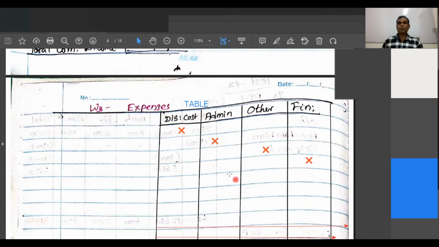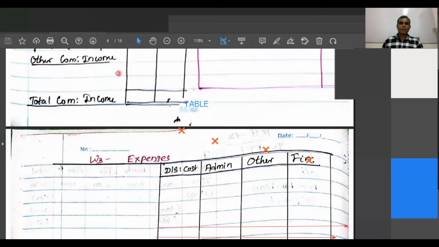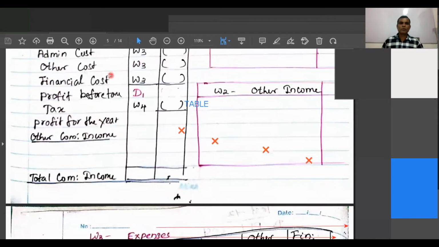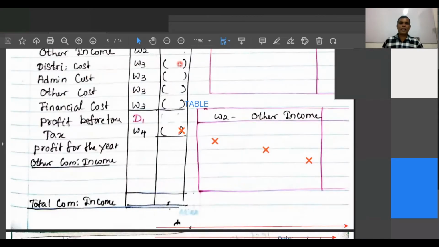All these expenses should be taken to the income statement separately. Total of these values should be taken here as distribution expense, administrative expense, other expense, and financial expense. I feel that it is clear for you.